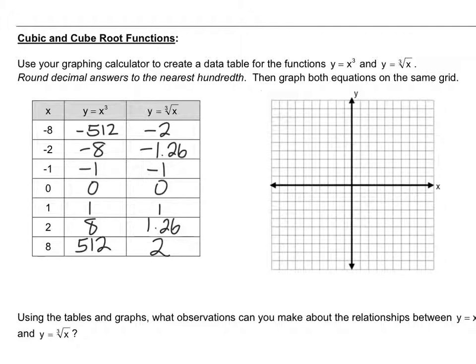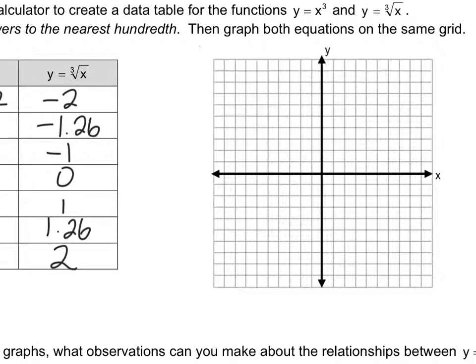So I'll plot the reasonable ones like -2, -8; -1, -1; 0, 0; 1, 1; and then 2, 8. Put a smooth curve through it, or as smooth as you can make it. If you miss a point, just make the point bigger.